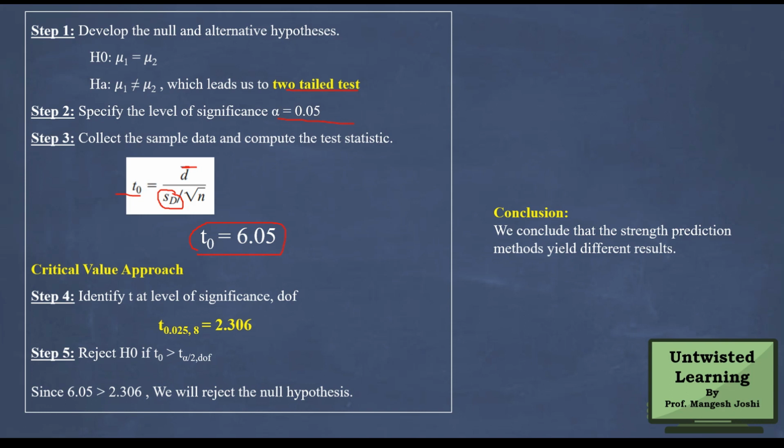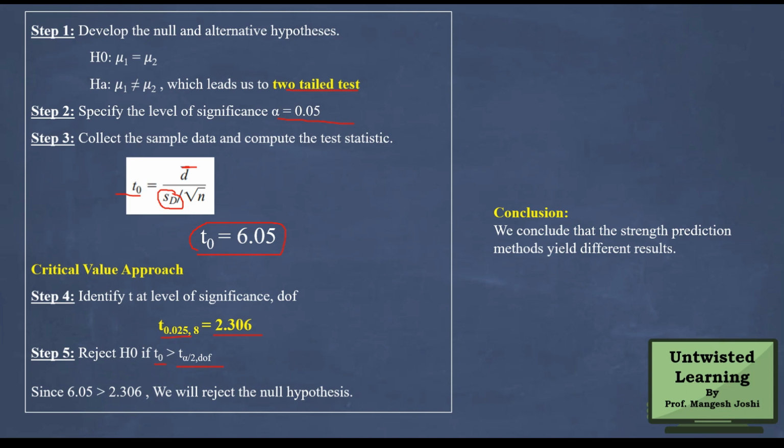Using the critical value approach, identify t at the level of significance. Since it is a two-tailed test, t alpha by 2 comma 8, where the degree of freedom is n minus 1, which comes out to be 8, that is 2.306. As per the rejection rule, reject H0 if t calculated is greater than t alpha by 2 comma degrees of freedom.